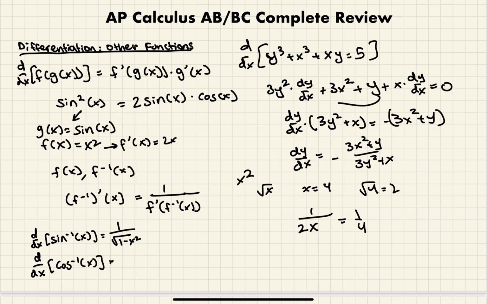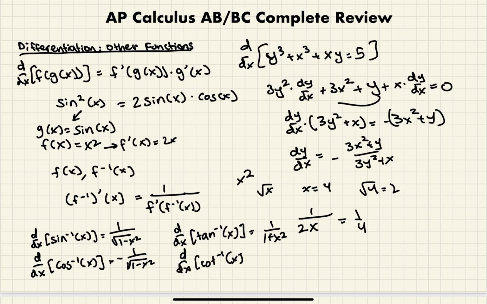For inverse cosine, it's just going to be the negative of the same thing, so negative 1 over root (1 minus x squared). For inverse tangent of x, it's equal to 1 over (1 plus x squared). Inverse cotangent of x is equal to the negative of that.